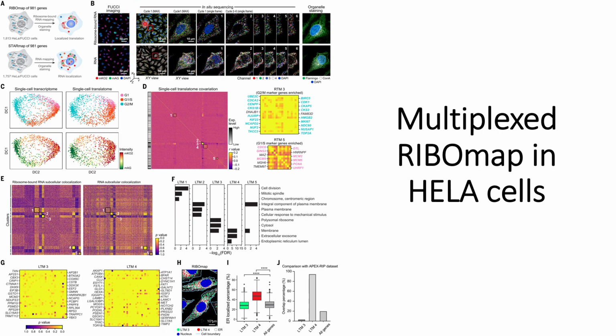The top row is from RIBOmap, and the bottom row is from STARmap. Here they identified the cell cycle 1, the maximum signal of cycle 1, shown by RIBOmap in the top and by STARmap in the bottom.